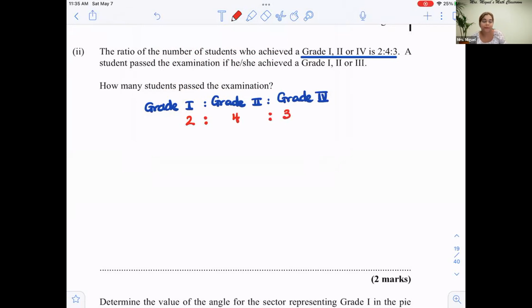A student passed if she received a grade 1, 2, or grade 3, right?